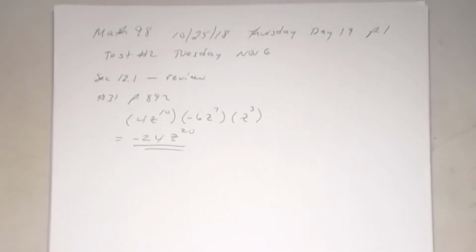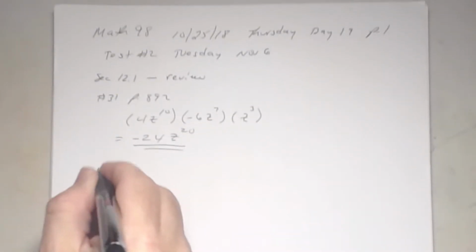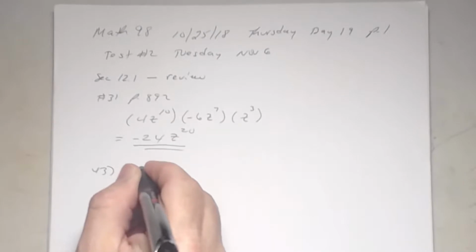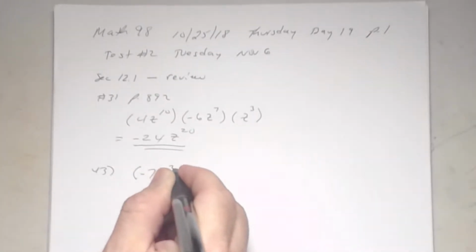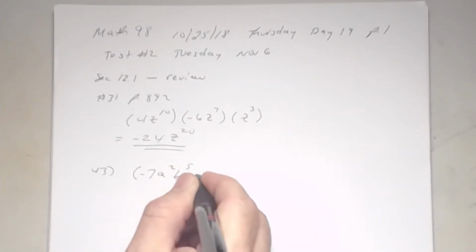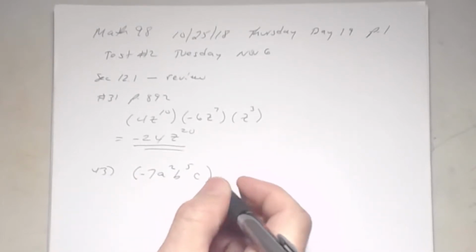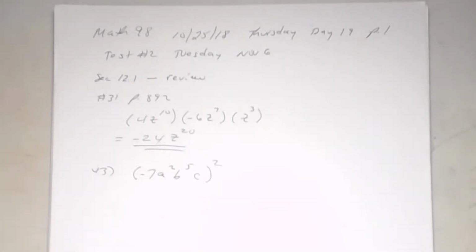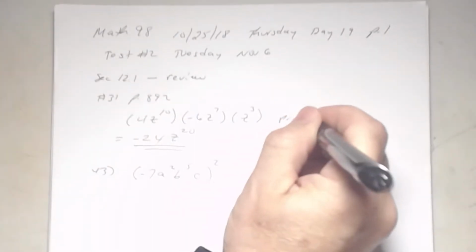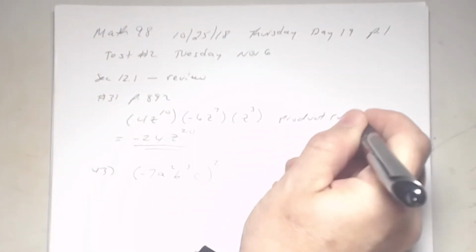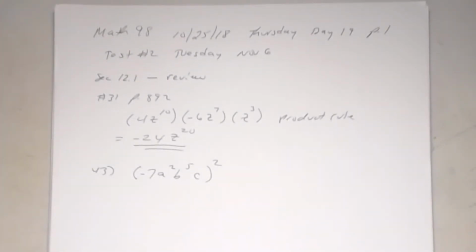All right, 43. You had this one. You have negative 7, a squared, b to the 5th, c, all raised to the 2nd power. All right. So remember, here I use the product rule. So what are you going to do here?